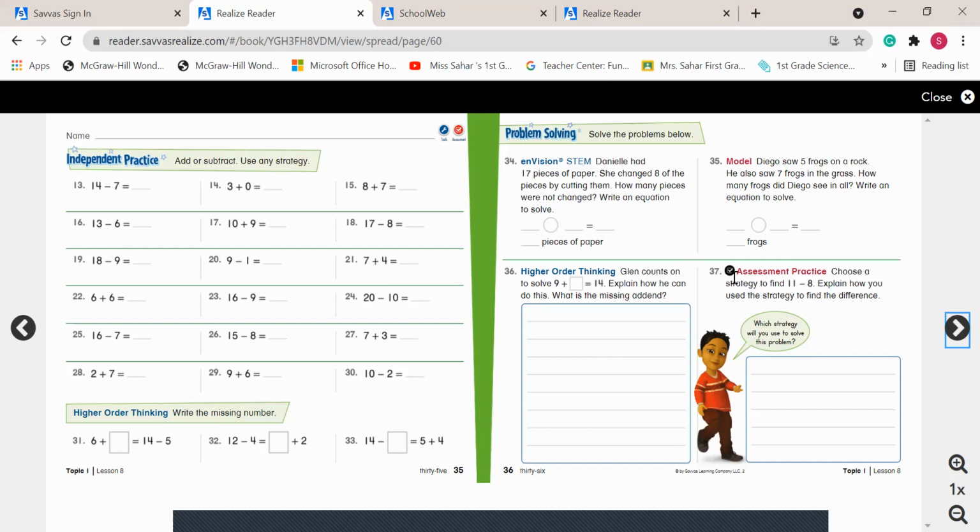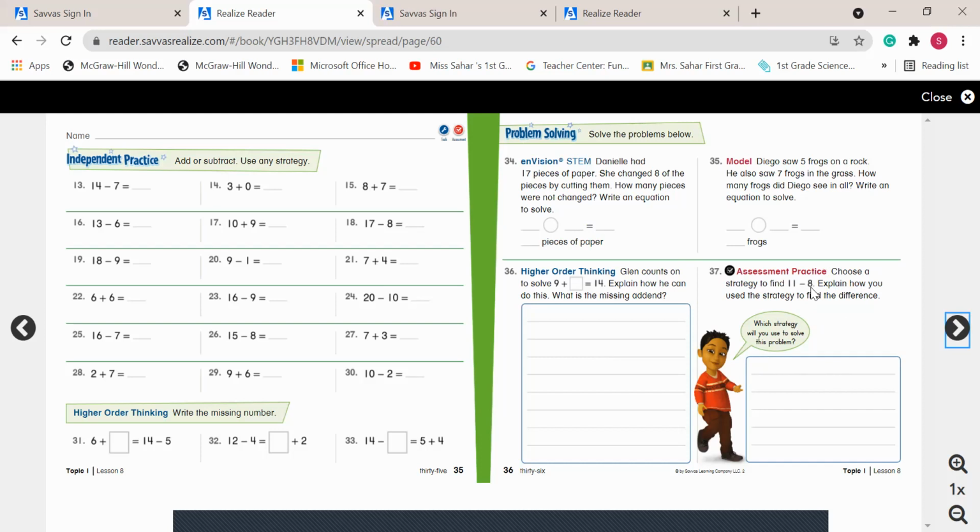Okay, 37. Choose a strategy to find 11 take away 8. Explain how you use a strategy to find the difference. So you can use any strategy that you feel is easy. Use the relationship between addition and subtraction. So you say 11 take away 8 equals, that means something plus 8 equals 11.